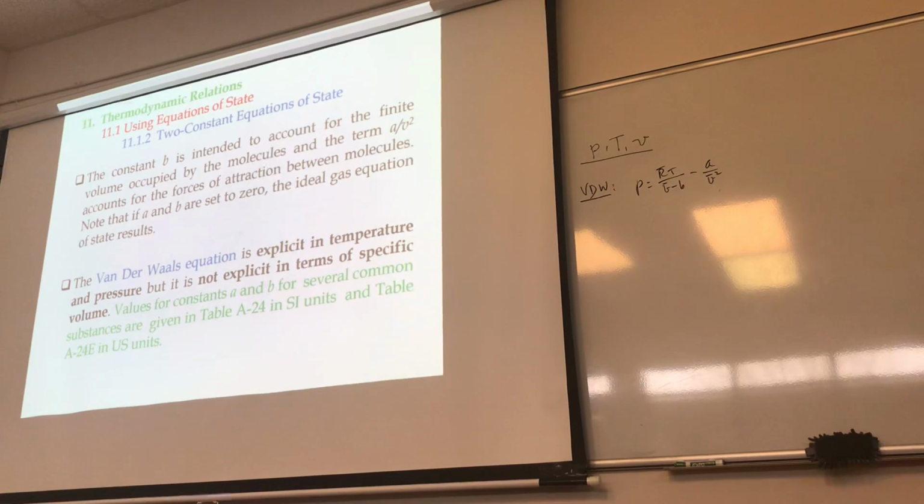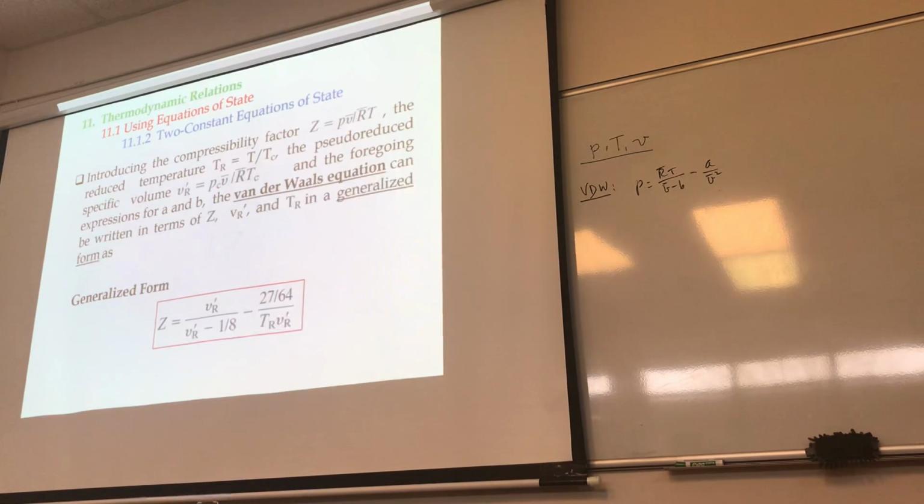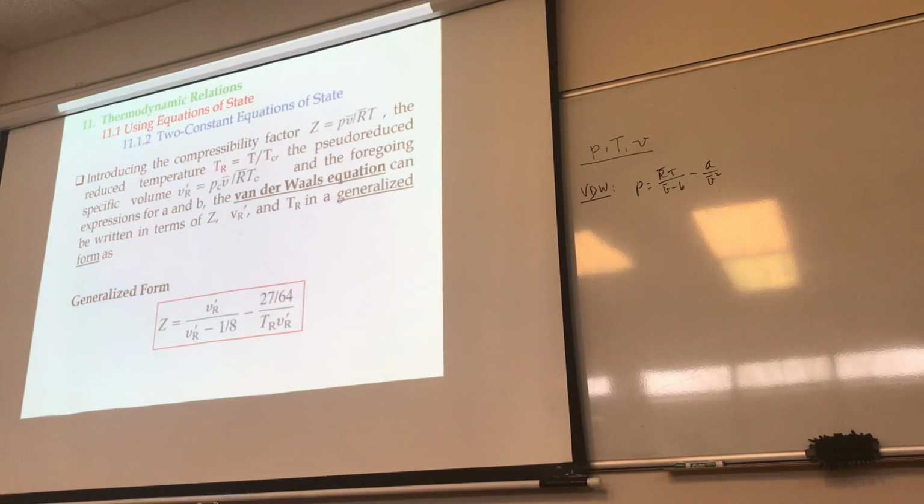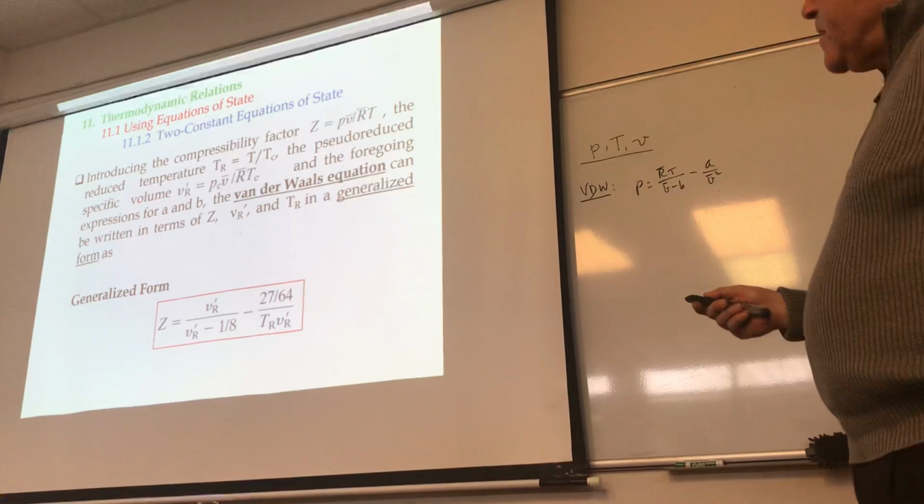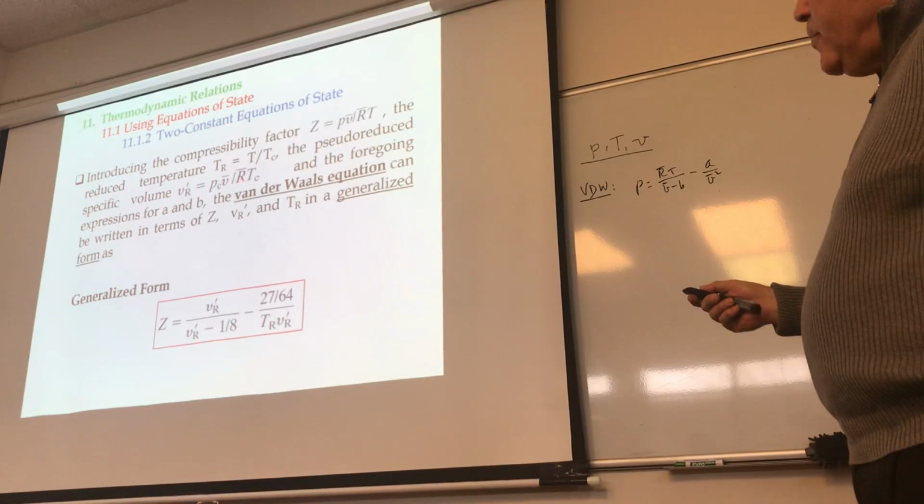Now, it says introducing the compressibility factor, which is Z equal to PV over RT, and then some change in variables, in which the reduced temperature is T divided by the critical temperature, and then something that is called the pseudo-reduced specific volume, which is V times P over R T_c.